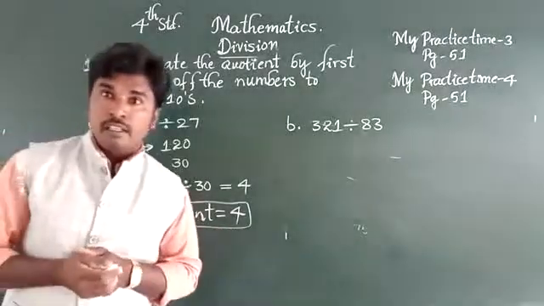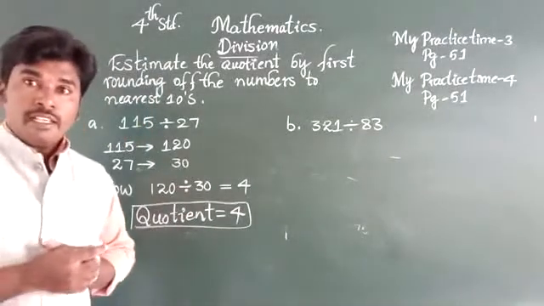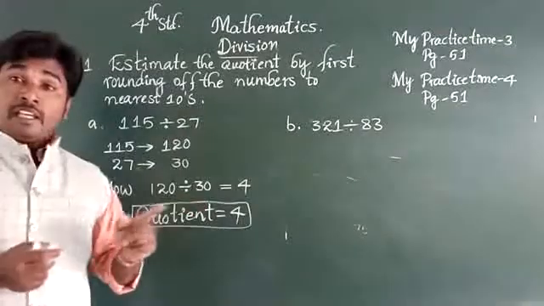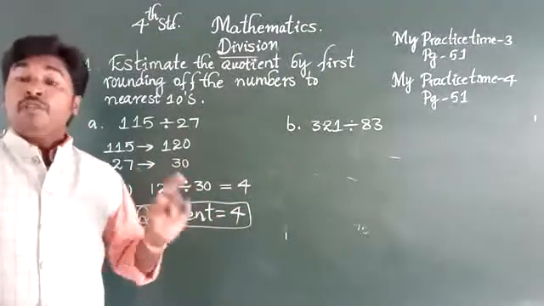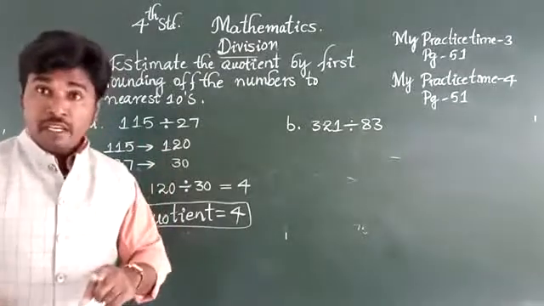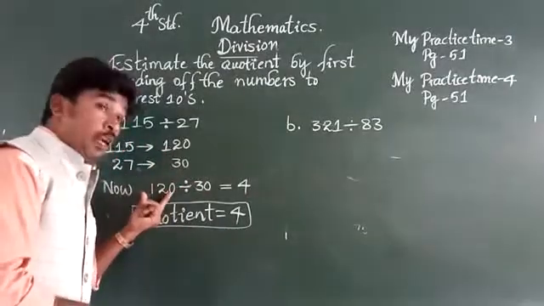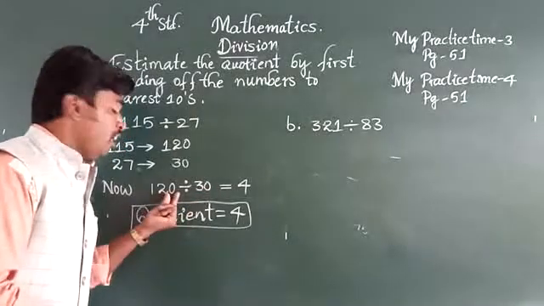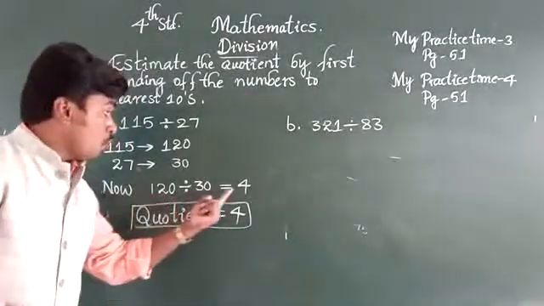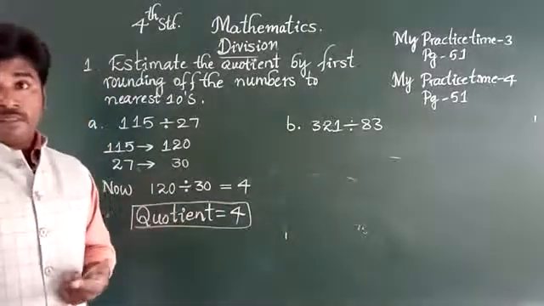Am I clear? I hope you are all understanding. The multiplication table of 30 is very similar to that of 3. You tell the multiplication table of 3 so that you will get 12. Here in 30, a 0 is there, and in 120 also a 0 is there. So the quotient is 4 itself.